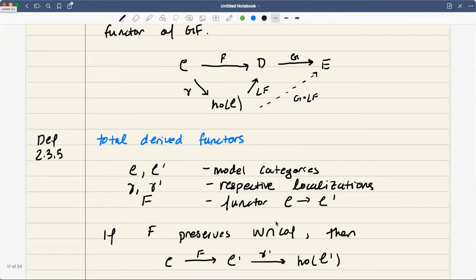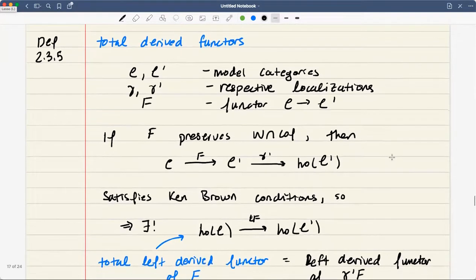Okay, so your left derived functors were functors from the homotopy category of C to D. But what about the homotopy category of C to the homotopy category of D? And that's where total derived functors come into the picture.